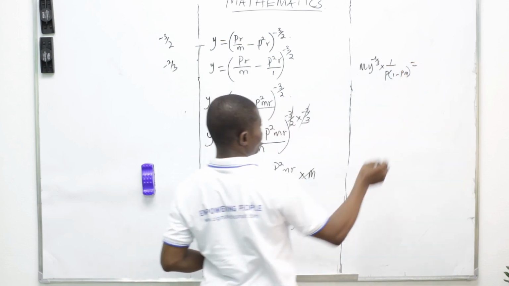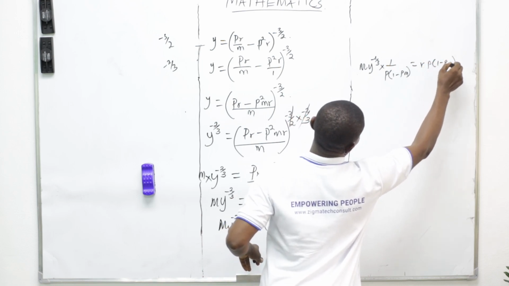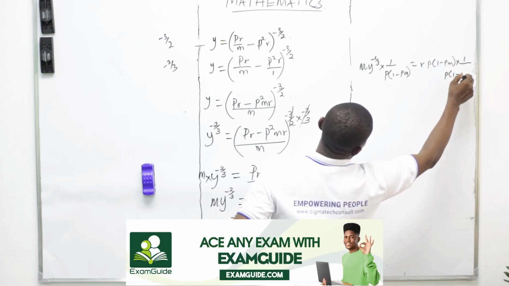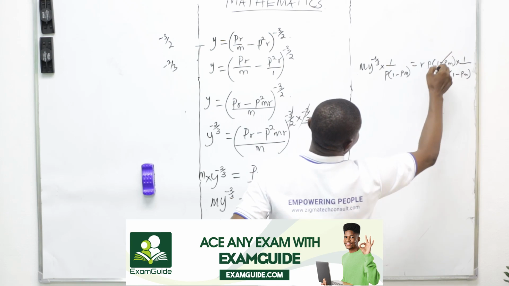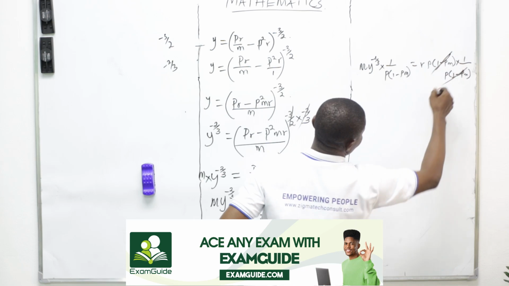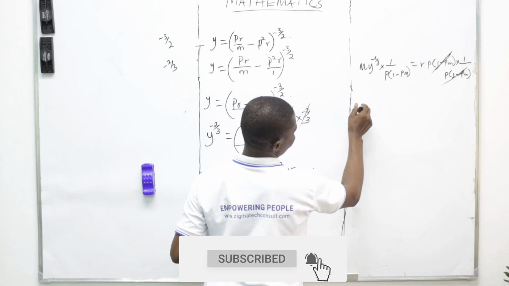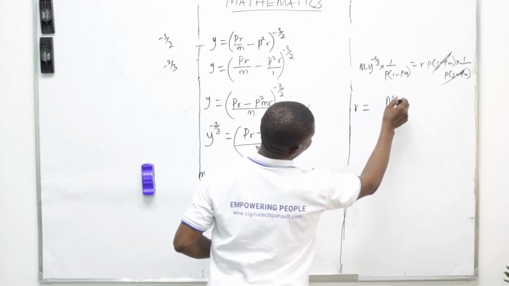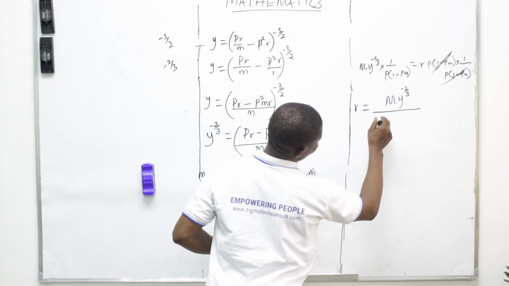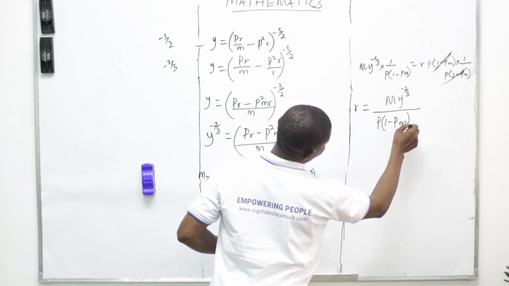Cancel, cancel. What remains there is just r. Therefore, r equals m y raised to the power minus 2 over 3 divided by p into 1 minus pm.